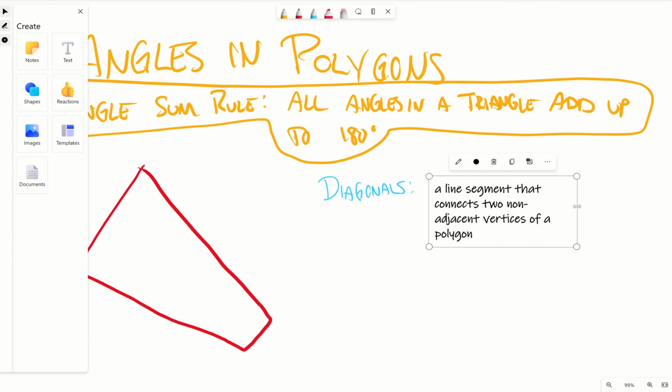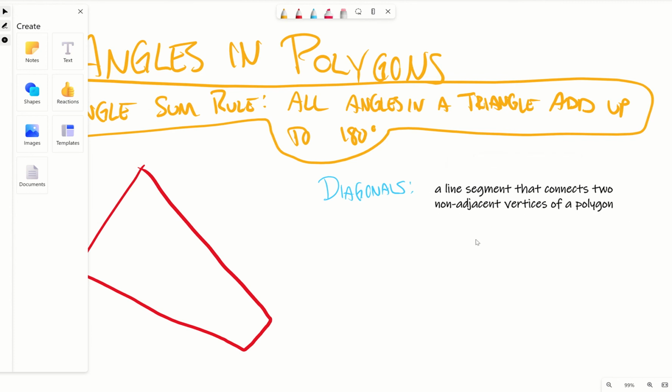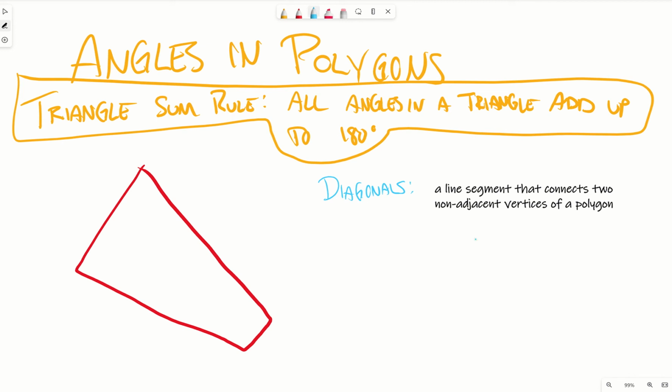So that's a lot of words. Let's talk about what that means. We know what a line segment is, and it connects two non-adjacent, that means not next to each other, vertices of a polygon. Vertices are the corners. Okay, so two corners that are not next to each other.